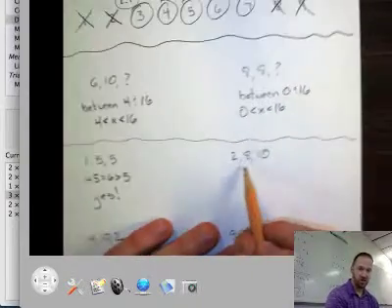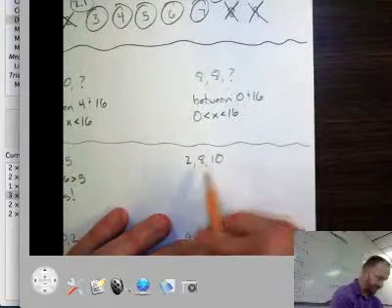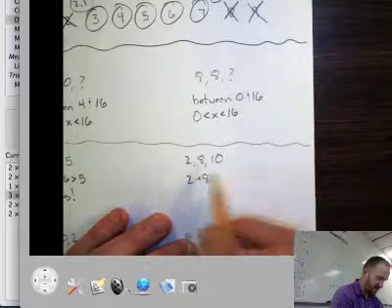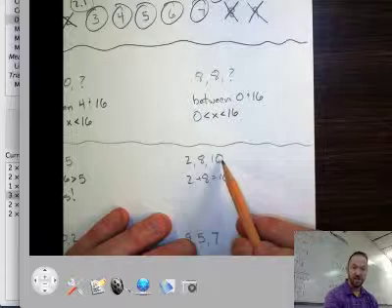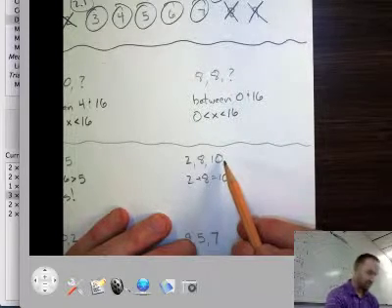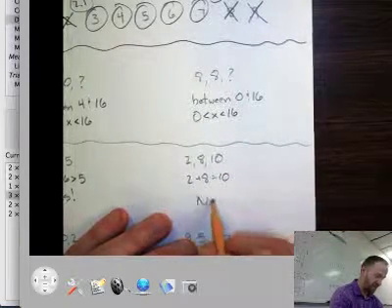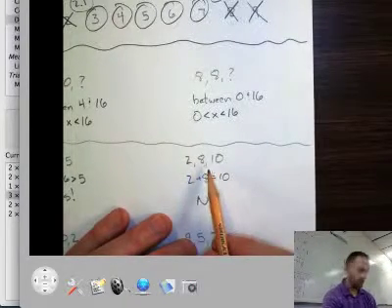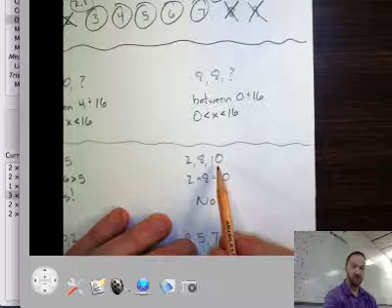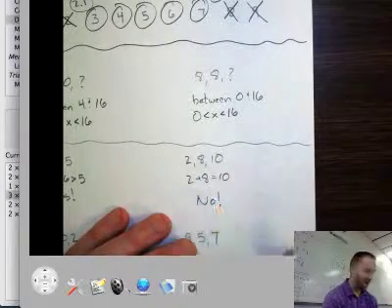Here, the two smaller ones are 2 and 8. Now, 2 plus 8 is 10. Okay? 10 is not bigger than the third side. So this does not work. This is a situation where we get a straight line, where the two smaller ones equal the biggest one. But not a triangle.